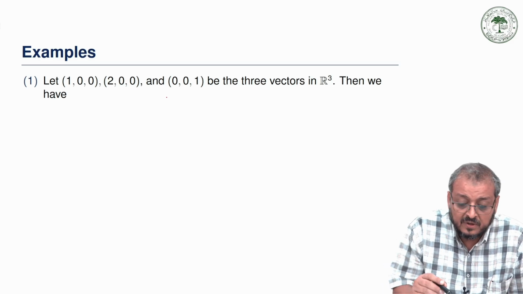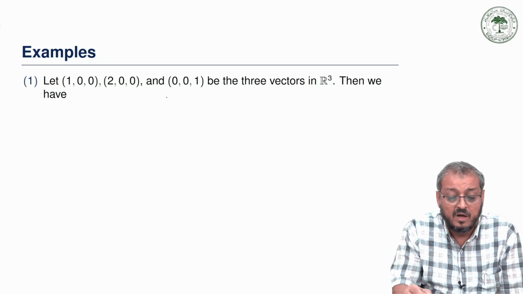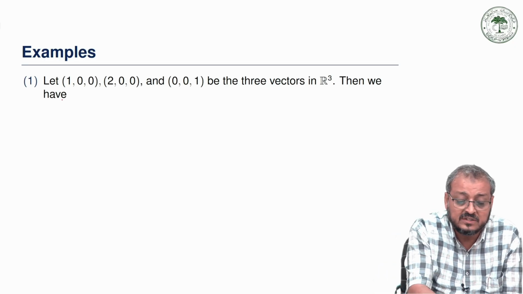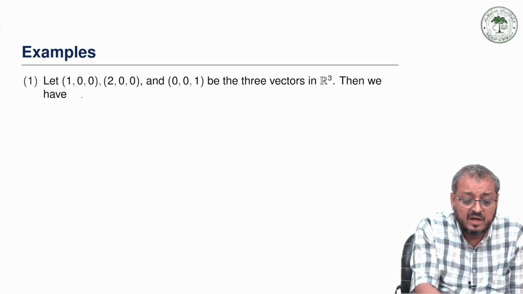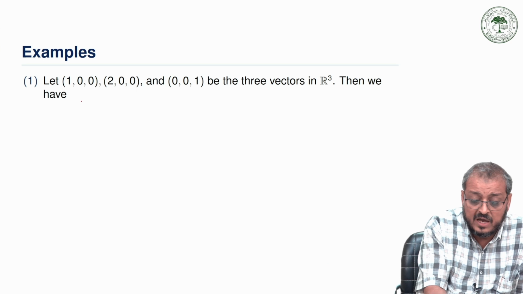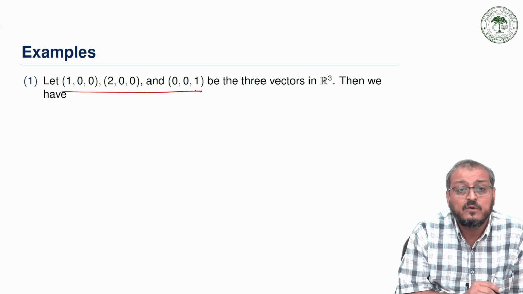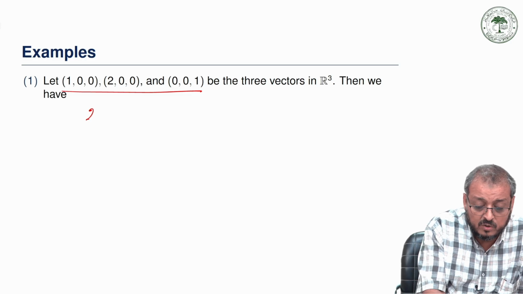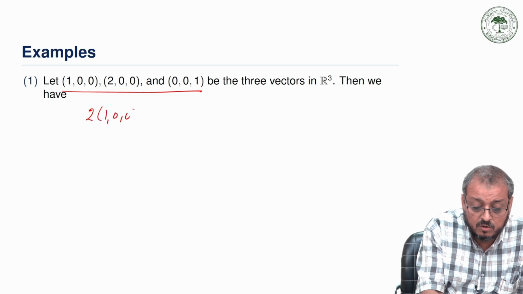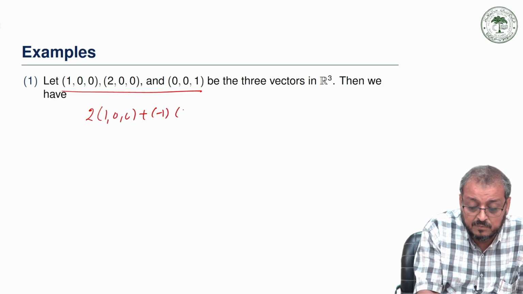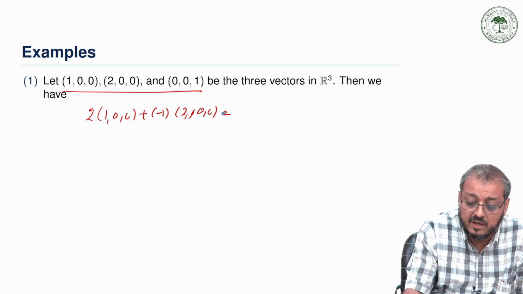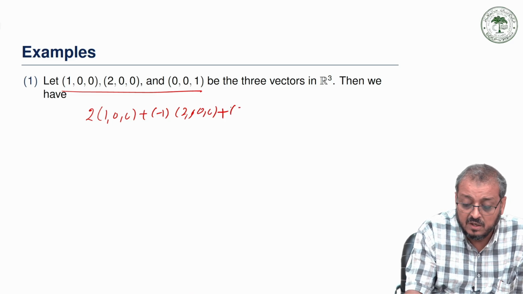For example, we write it in this form. We have these vectors, and we try to write a linear combination of them. For example, I write 2 times (1, 0, 0) plus minus 1 times (2, 0, 0), and then plus 1 times (0, 0, 1).